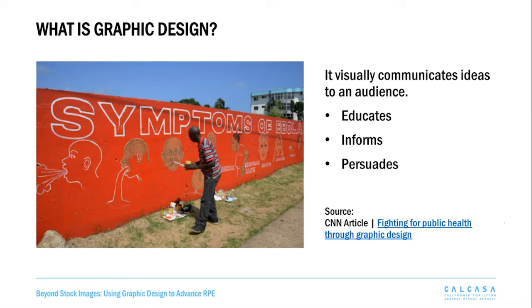So in RPE, we can use some of these concepts you'll learn today and some visuals to talk about our programs, how effective they are, who they're working with, why they're important.